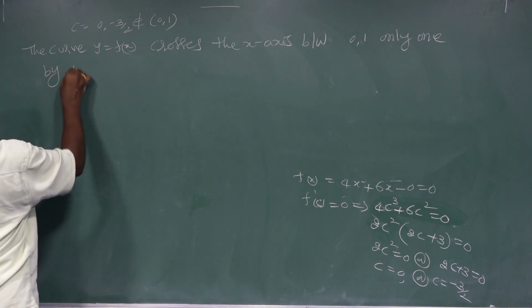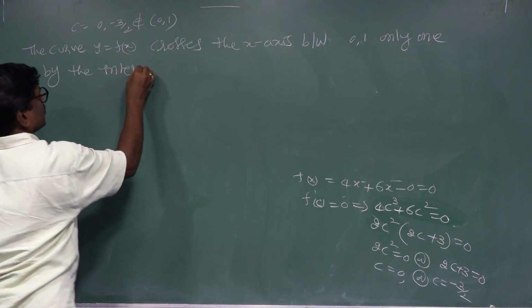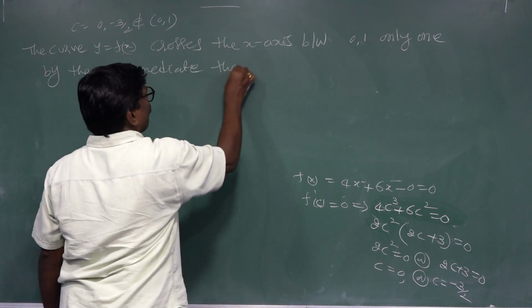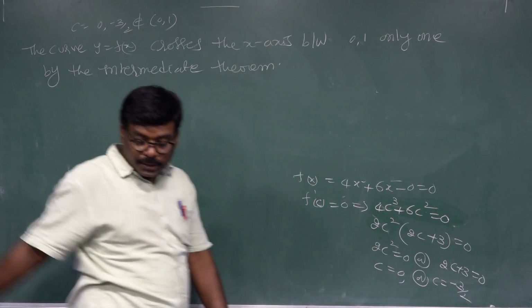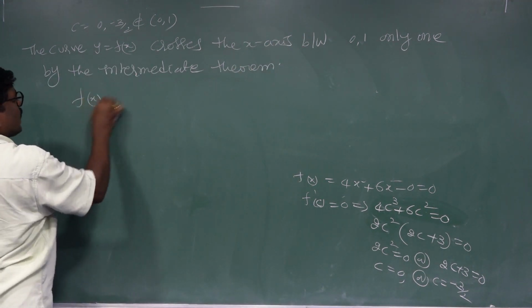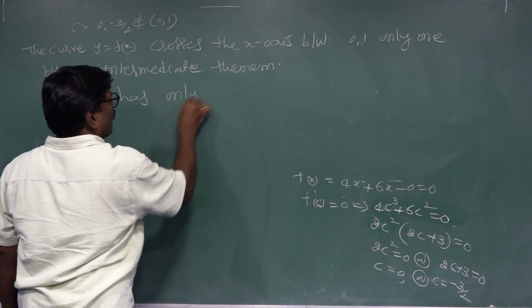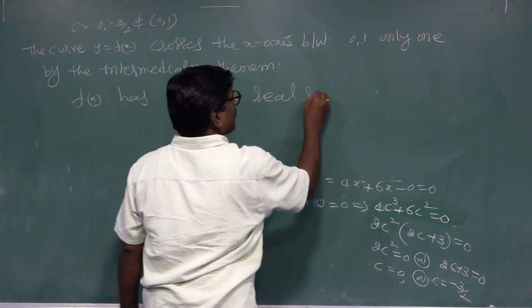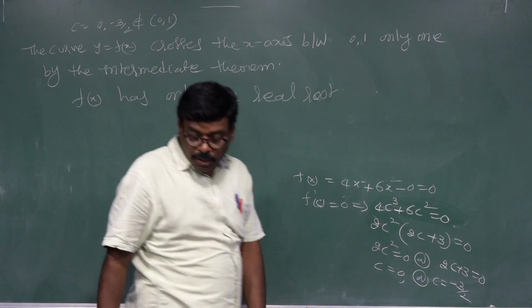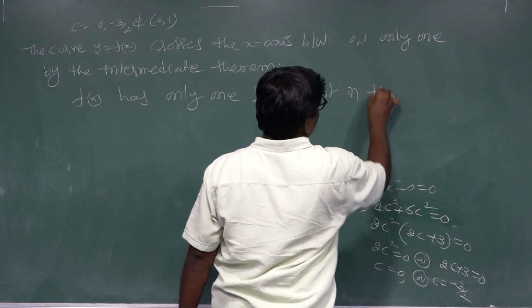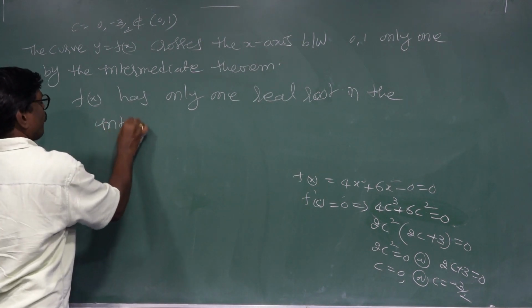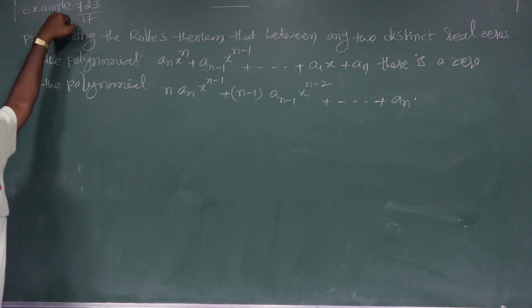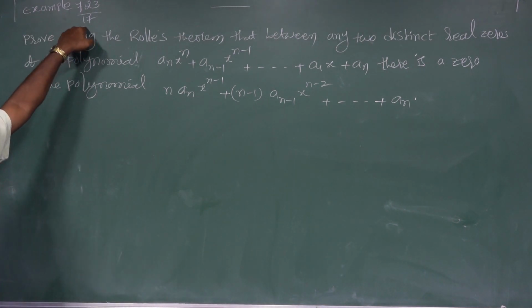By the intermediate value theorem, f(x) has only one real root in the interval (0, 1).